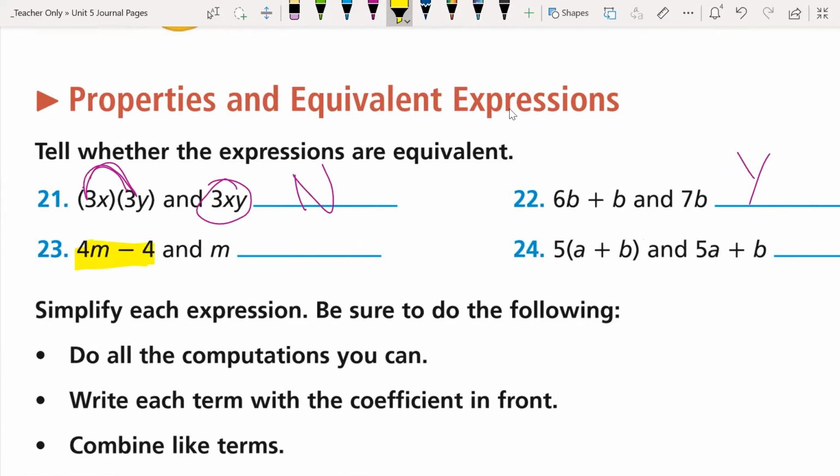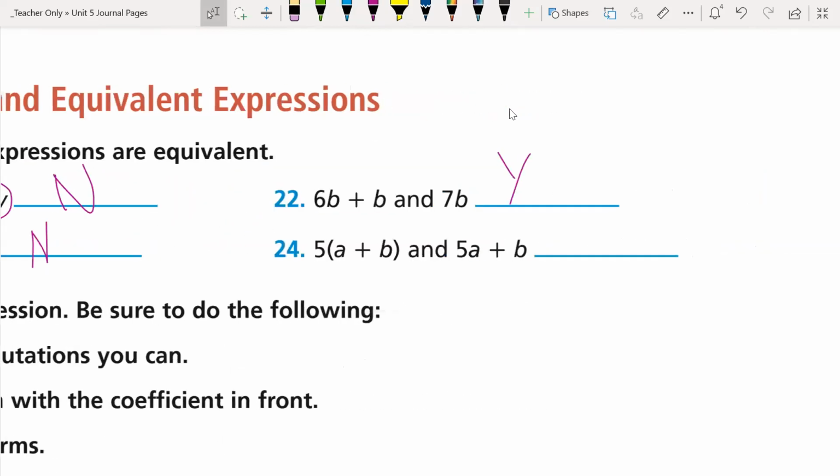I can't take 4 from 4m. I can take m from 4m, but I cannot take 4 from m, right? So that's a big fat nope. And then coming over here, 5 times a plus b is 5a plus b. Close, but nope, because this has to distribute to both factors. It has to go to 5a and 5b, right?